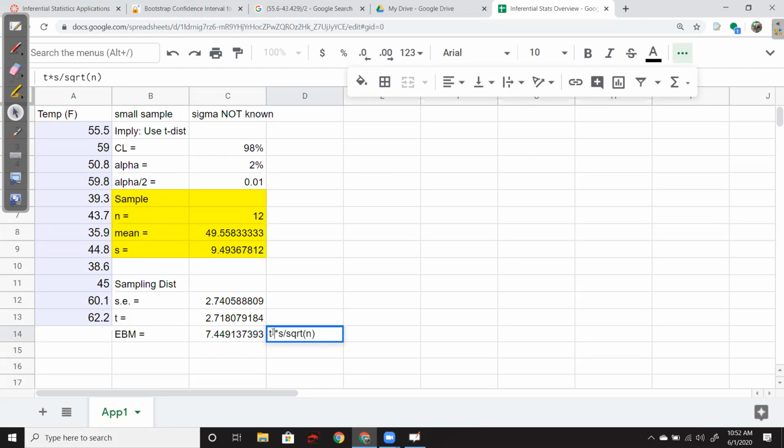Let me separate that out a little bit to make it readable. So that's the calculation I just made right there. To do that, I needed to know the sample data and the confidence level. So notice this one is a little wider, 7.4 instead of the 6.1-ish that I got earlier.